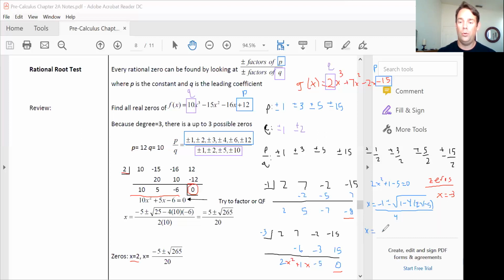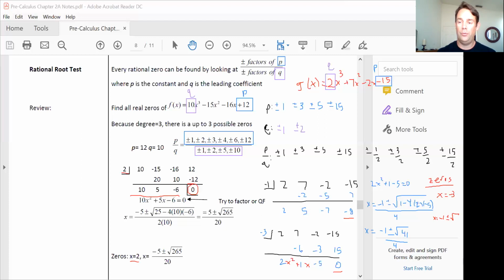So x equals -1 plus or minus, oh, what's that going to be? Square root of 41, all over 4. There are my other two zeros. So now I have all three of my zeros, and I am sitting pretty.